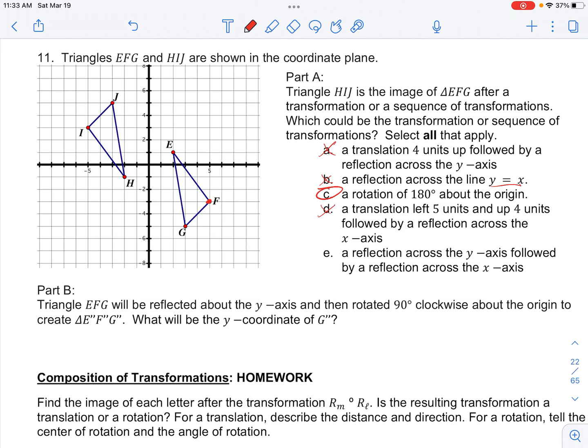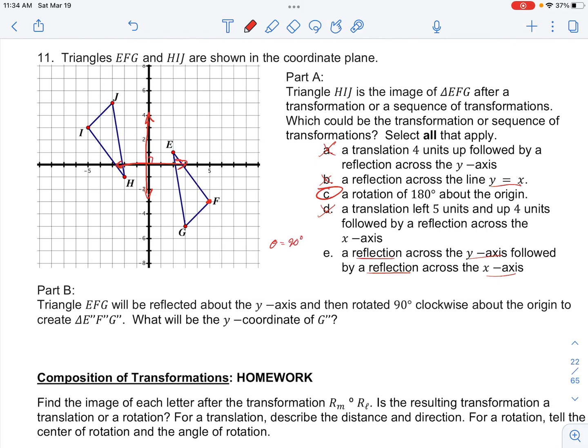And E, we have a reflection across the y-axis, followed by a reflection across the x-axis. So we know when we have a composition of two reflections, it's the same as a rotation of 2 theta, where theta is the angle between the two lines. The two lines are the x and y axes, they intersect at perpendicular angles, so 90 degrees.